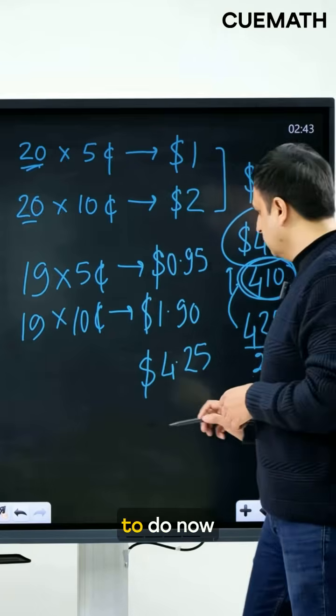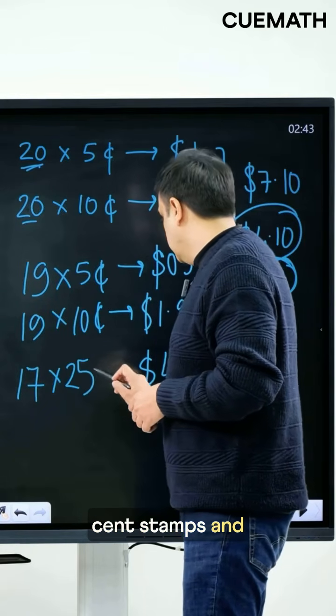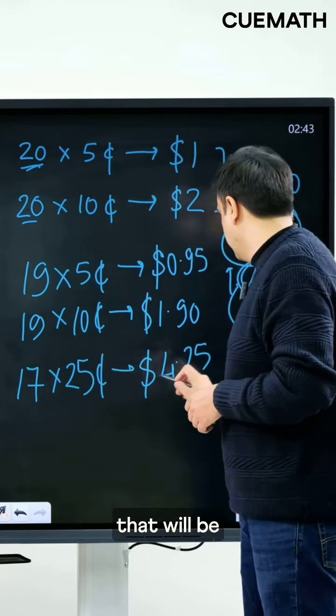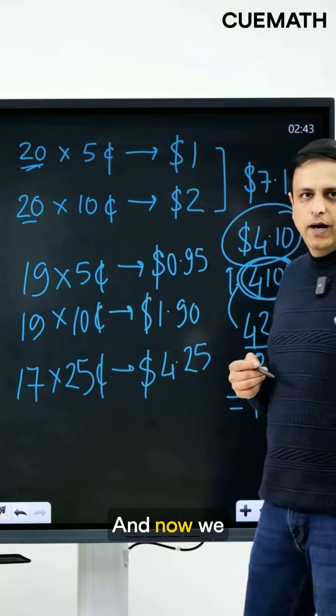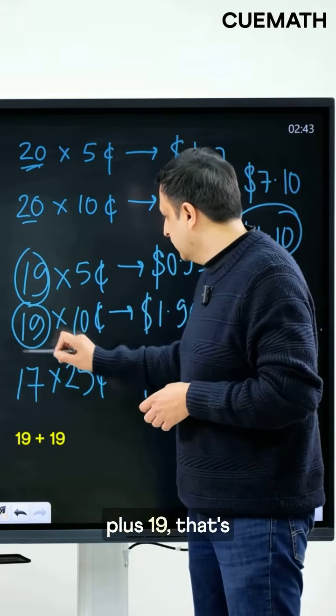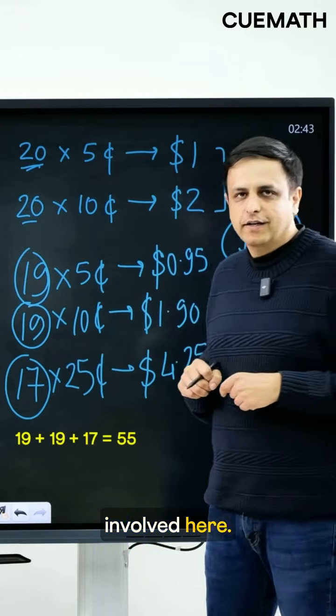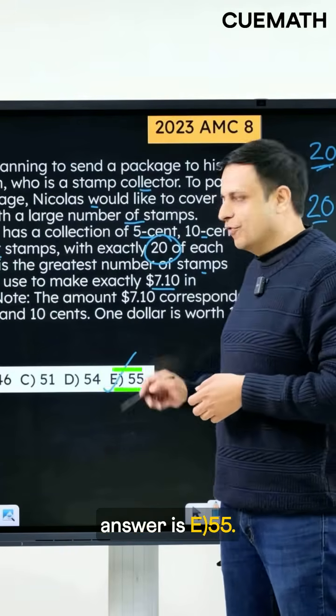All right, so all I need to do now is take 17 of the 25 cent stamps, and 17 times 25 will be $4.25, and now we have our answer. So the greatest number of stamps possible is 19 plus 19, that's 38, plus 17 or 55. So a beautiful idea involved here, and the correct answer is E, 55.